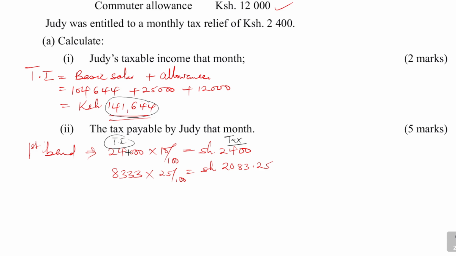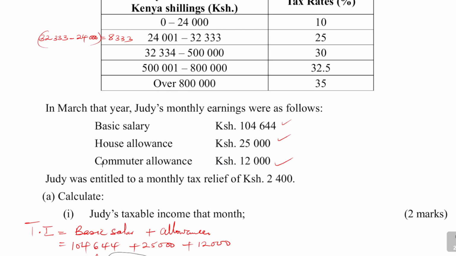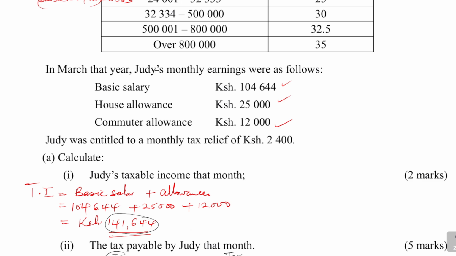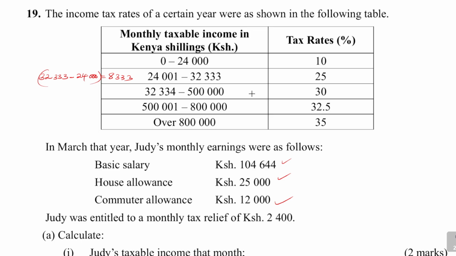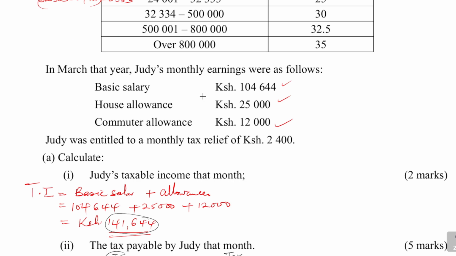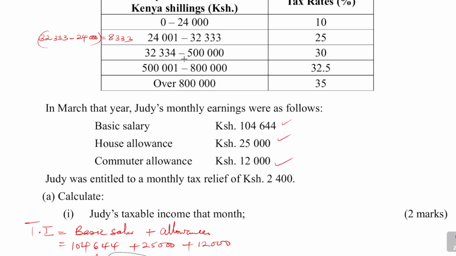When you look at the third band, definitely we may not go beyond that band, because the size of that band from 32,334 all the way to 500,000, our taxable income is 141,644, so you do not go beyond there. So the rest of the amount will definitely fall in the third band.